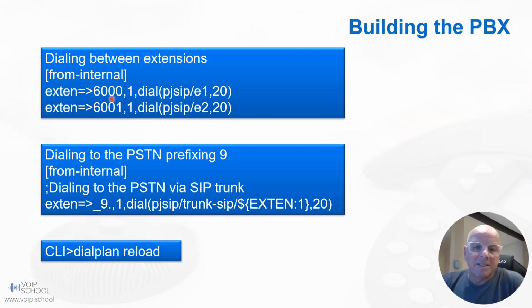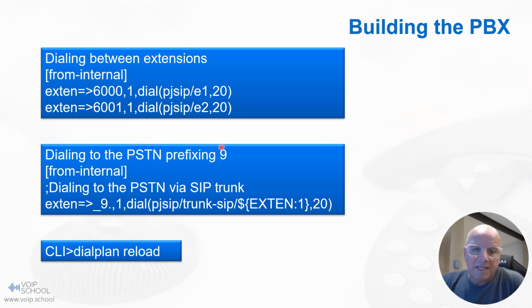The extension 6001, priority 1, dial PJSIP endpoint 2. So whenever I dial 6000 from one user in the from-internal context, it will dial the channel PJSIP E1. If I dial 6001, it will dial PJSIP extension 2, so it will connect this specific channel.